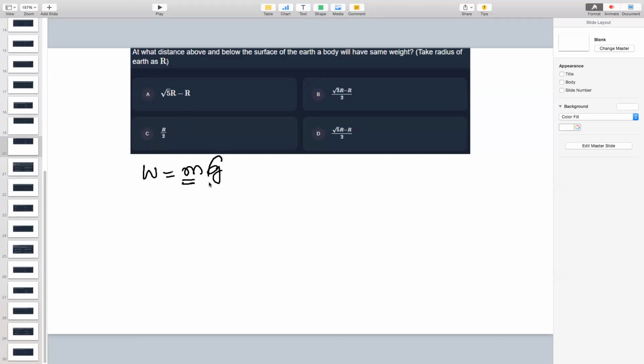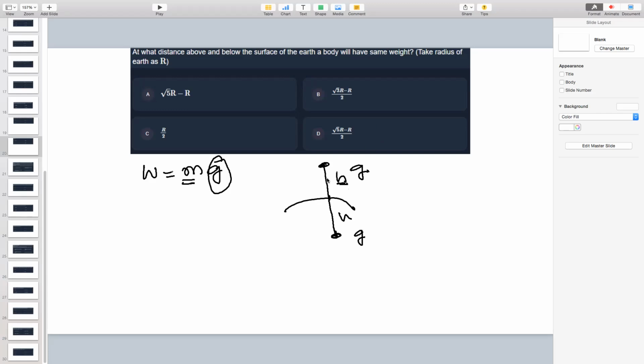The weight varies with g. You are asked to find at what height as well as at what depth, the weight of the body is the same. The weight of the body being the same means the value of g here and here are both the same.